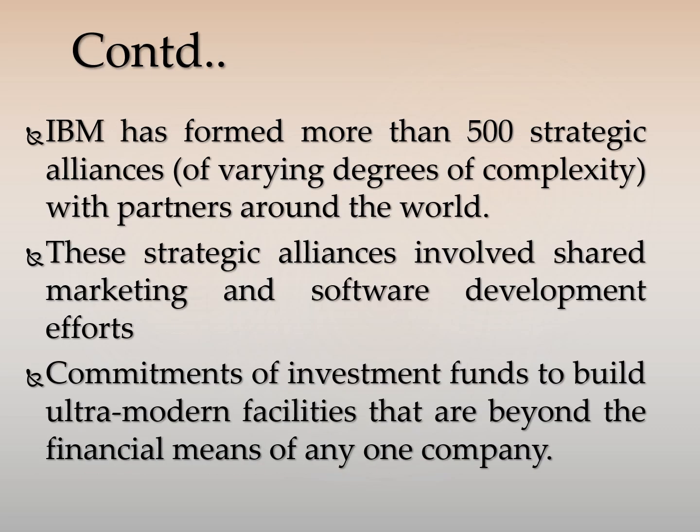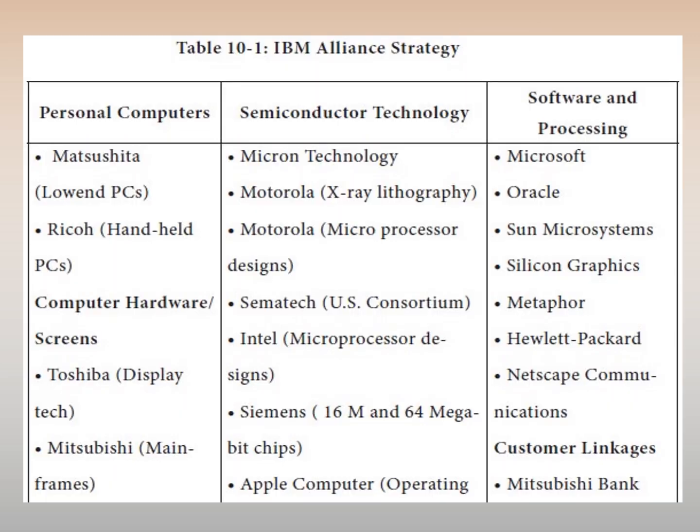IBM has formed more than 500 strategic alliances of varying degrees of complexity with partners around the world. These strategic alliances involve shared marketing and software development efforts, and commitments of investment funds to build ultra-modern facilities that are beyond the financial means of any one company. So you can see how exactly the alliance happened.